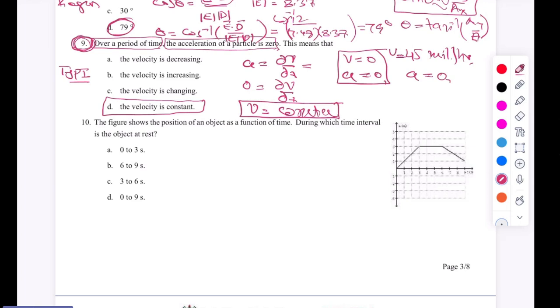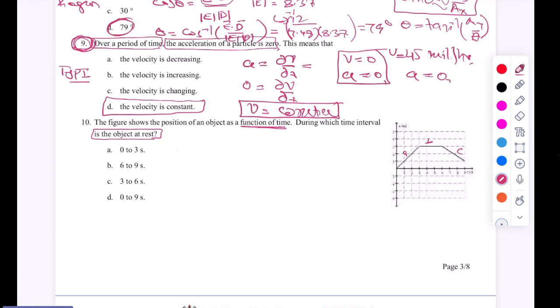Now, the figure shows the position of the object as a function of time. During which time interval is the object at rest? So, for example, I give you the options A, B, C. In which do you think the object is at rest?